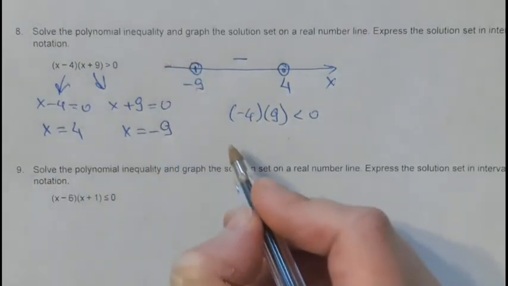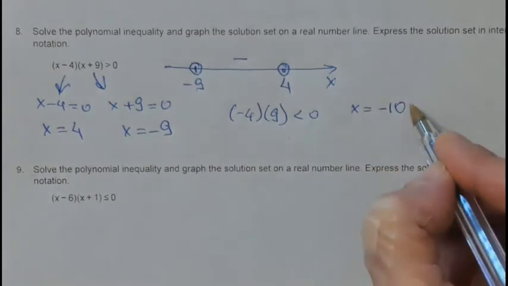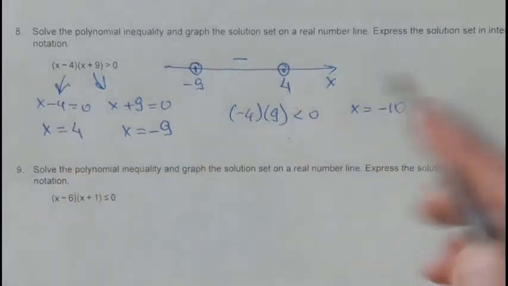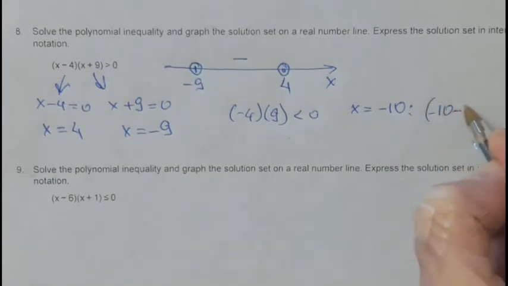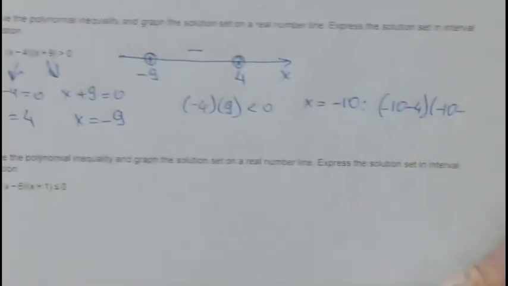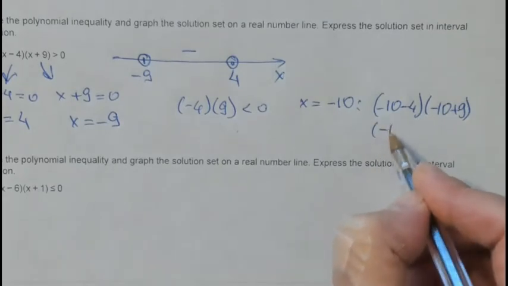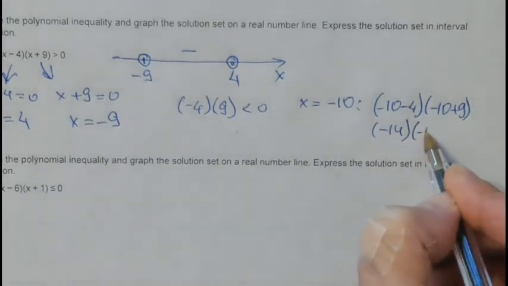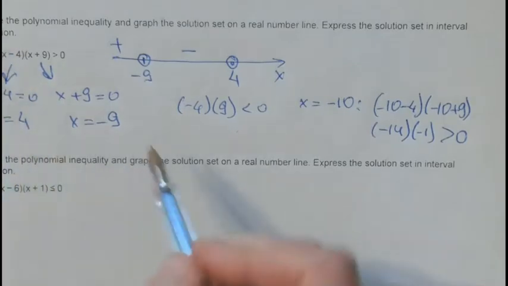On the left, let us pick x equals negative 10 and substitute in the function. Negative 10 minus 4 times negative 10 plus 9. So negative 14 times negative 1, positive. Positive means that to the left of negative 9 we have positive values of the function.